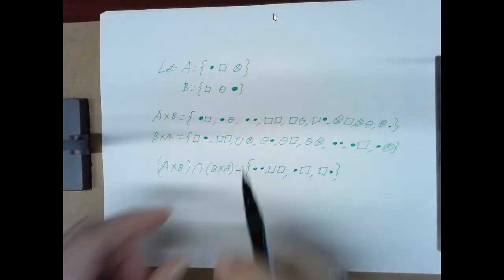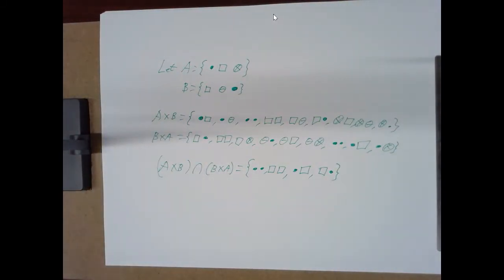A cross B, the first symbol in each tuple is going to be from set A. B cross A, the first symbol is going to be from set B. So if B and A don't have anything in common, none of those tuples are going to match. So there's got to be some overlap.